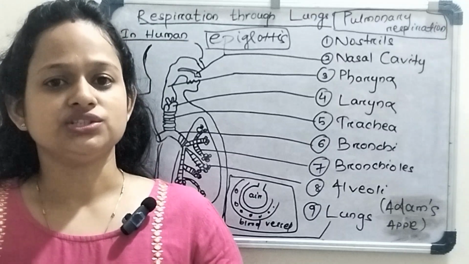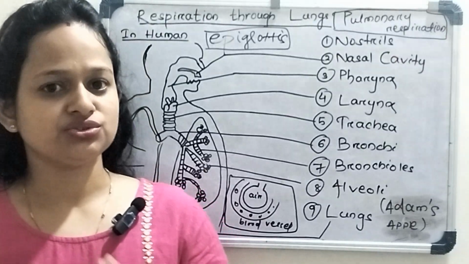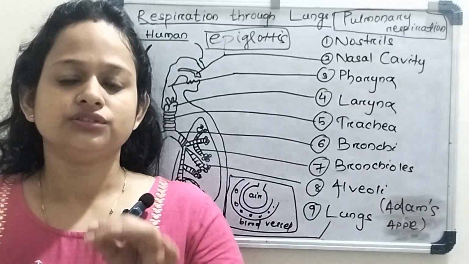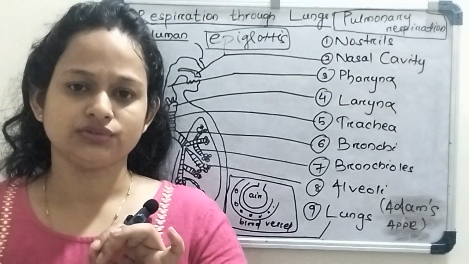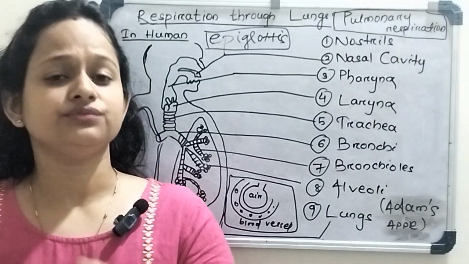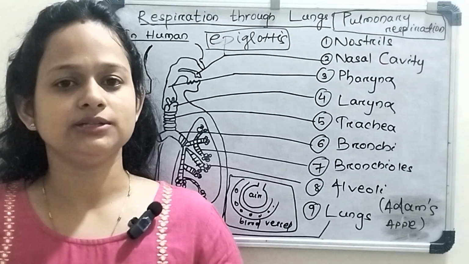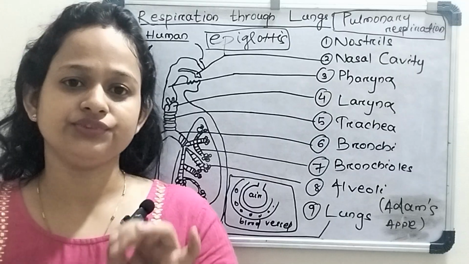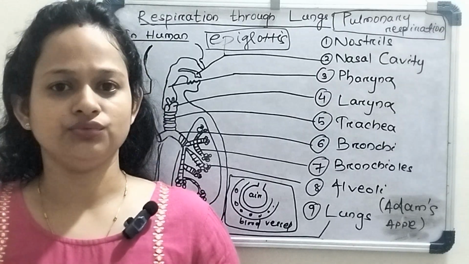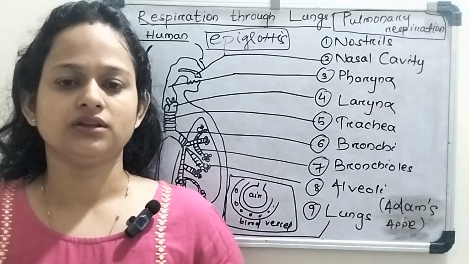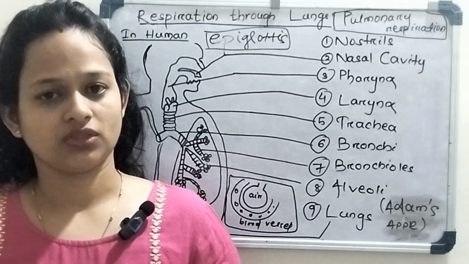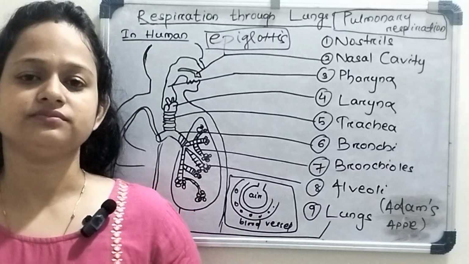There is a cartilaginous flap-like structure known as the epiglottis at the opening of the glottis or the trachea. The epiglottis prevents the entry of food into the windpipe while we are eating. So this is an important part of the respiratory system.